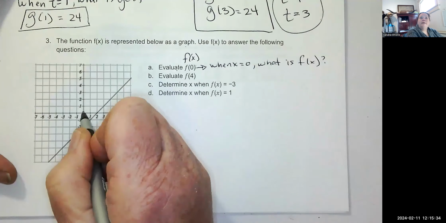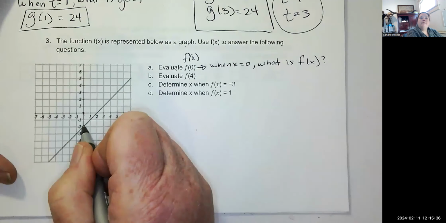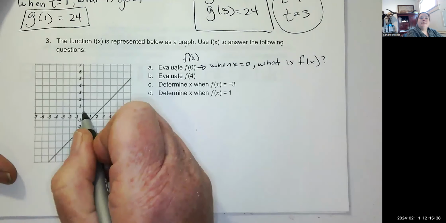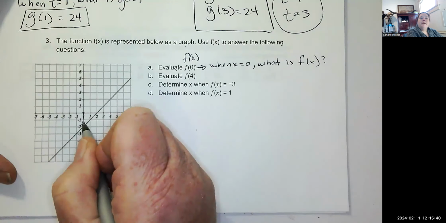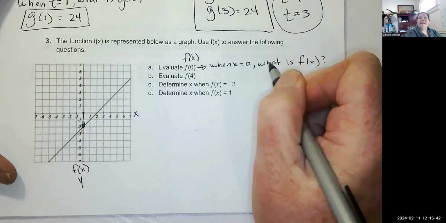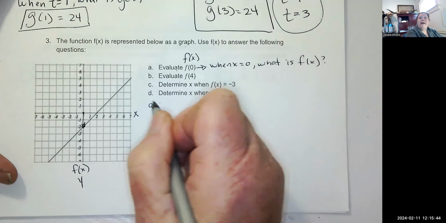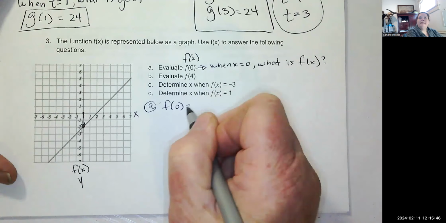Well, you've got to find on the graph where it's at. When x is 0, it's on the graph right here. And on the y-axis, it's -2. So for A, f of 0 is -2.